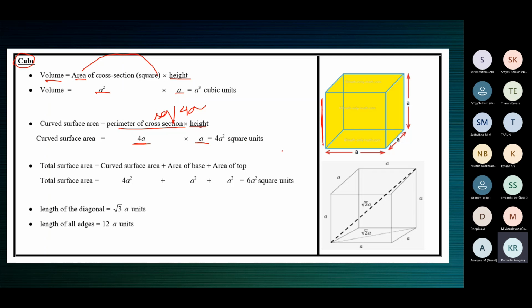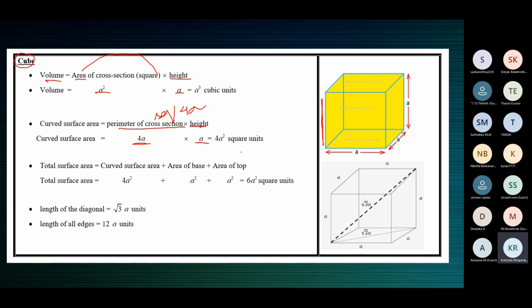Total surface area. Now we know that all this is simple, children. We know that a cube has 6 square faces, and the area of each face is a square. So if you want to find the area of 3 faces of a cube, 3a square. 1 face a square, 2 faces 2a square, 3 faces 3a square. All the faces are identical. It has 6 faces.